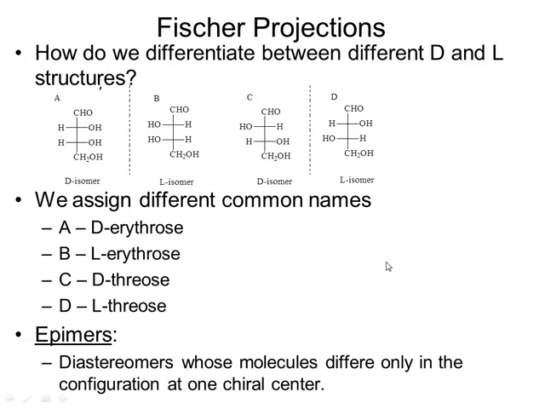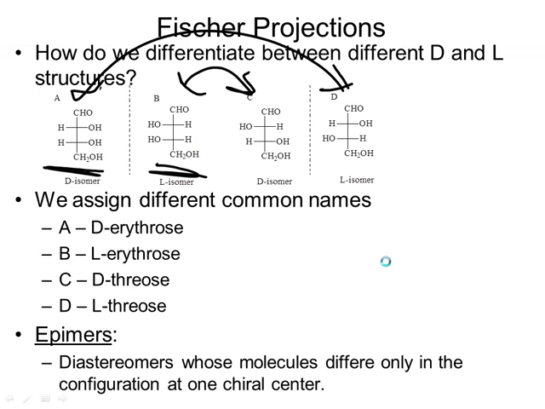Epimers are molecules that differ only in the configuration of one chiral center. So these are epimers because they differ in one chiral center. These are also epimers, right? But since this one over here is D-erythrose, that makes this L-erythrose, right? This is D-threose. This is L-threose because they're total mirror images of each other.